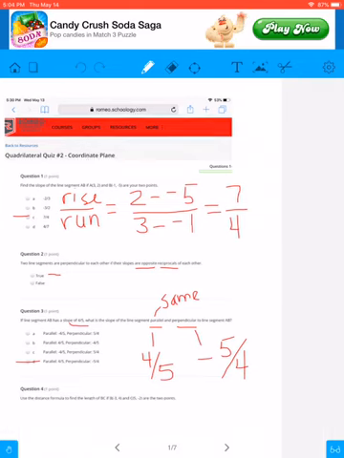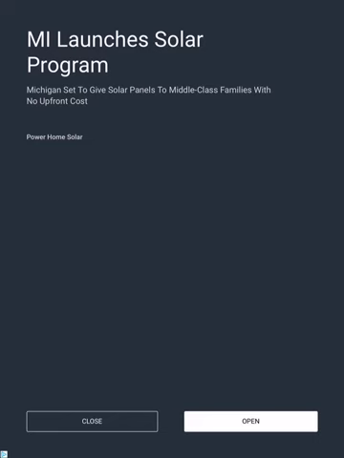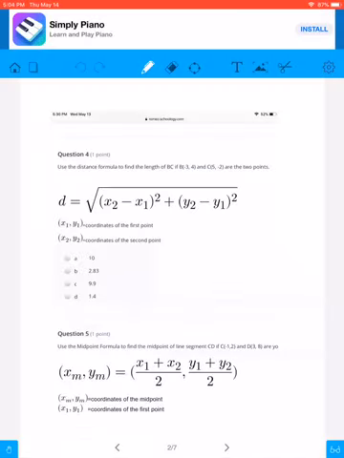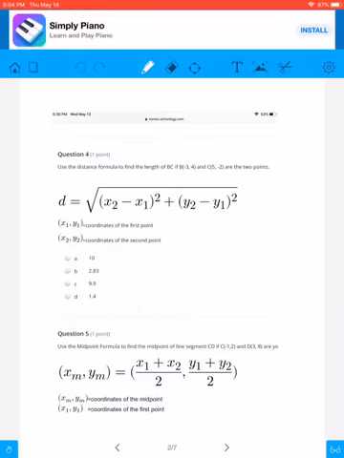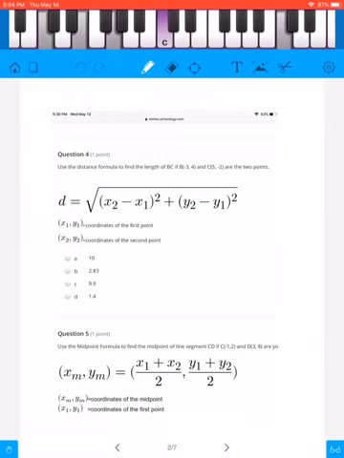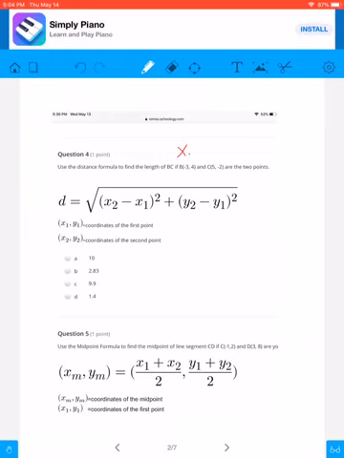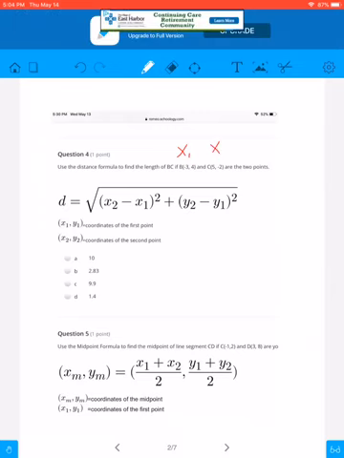Moving on to question number 4. Question number 4 is asking you to use the distance formula, and the distance formula is given below the question. You have coordinates -3, 4, and coordinates 5, -2. So you need to think about what x2 and x1 are. So x1 would be the x in the first coordinate, -3, and x2 would be the 5.